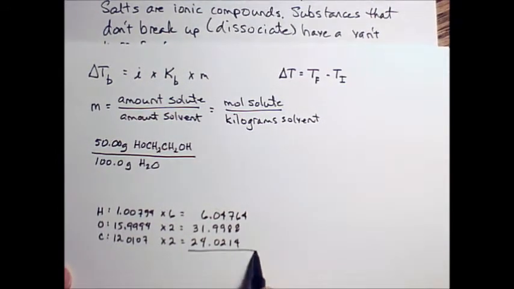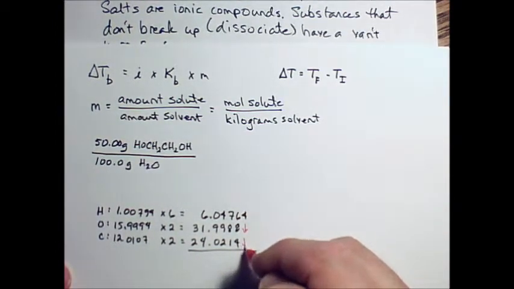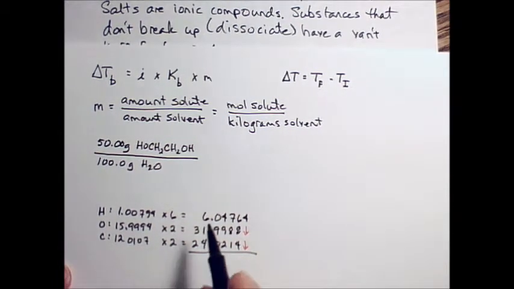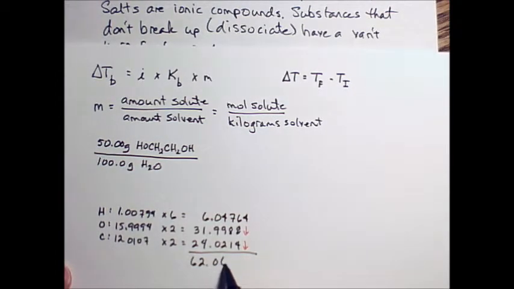I'm going to add these together. And if you'll note, I've been very careful with the digits, lining them up vertically so that I can see I've got empty slots right here. Add those together, and you're going to get 62.06784. And because that last digit came from empty slots, we round it off.